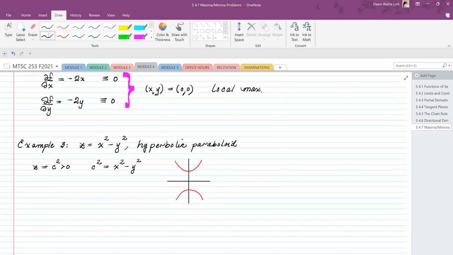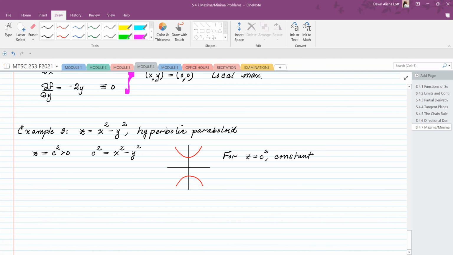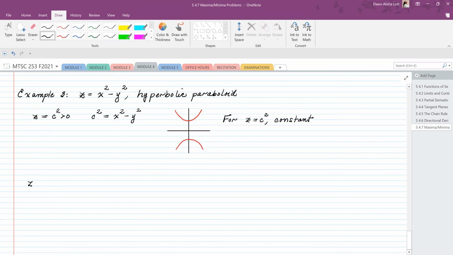Okay, so this is for z equal to c squared as a constant. And then if z is equal to negative c squared, which is less than 0, then I get c squared is equal to y squared minus x squared. And now I'm going to get hyperbolas that face this direction.